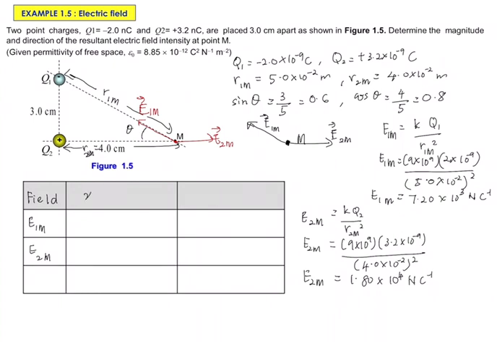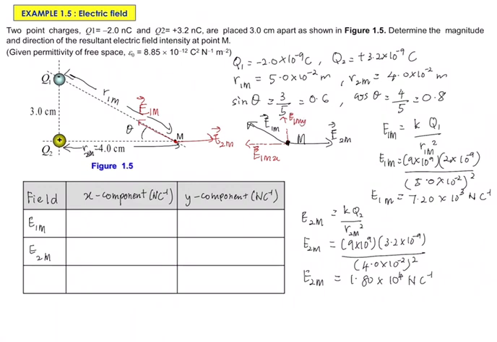And then here you have the X component, which is in unit Newton per coulomb, and then you have the Y component, which is Newton per coulomb. And then for E1M X component, you have E1Mx here.